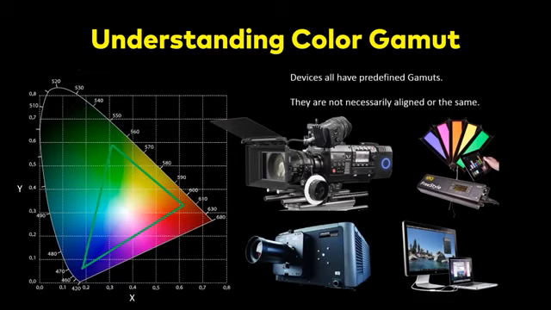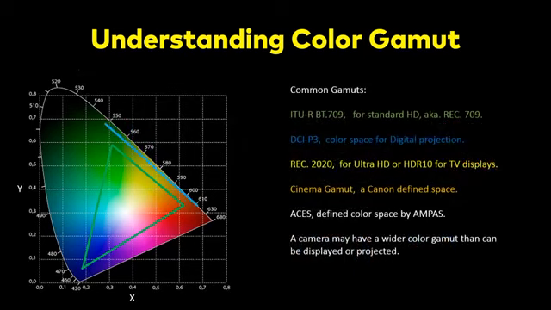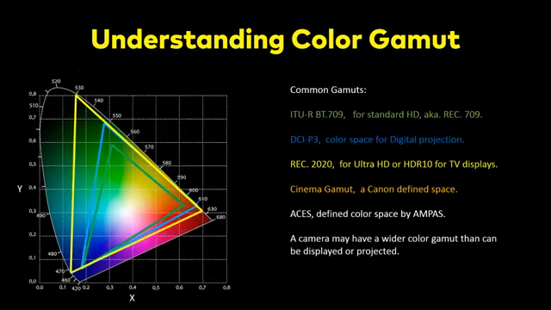There are a number of other common gamuts that we hear about. P3 is a color space for digital projection. You can see it's larger than 709. 2020 is even bigger, again for Ultra HD.